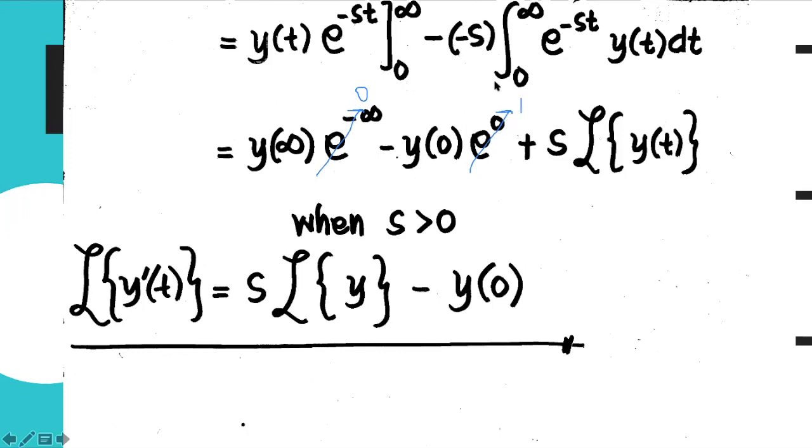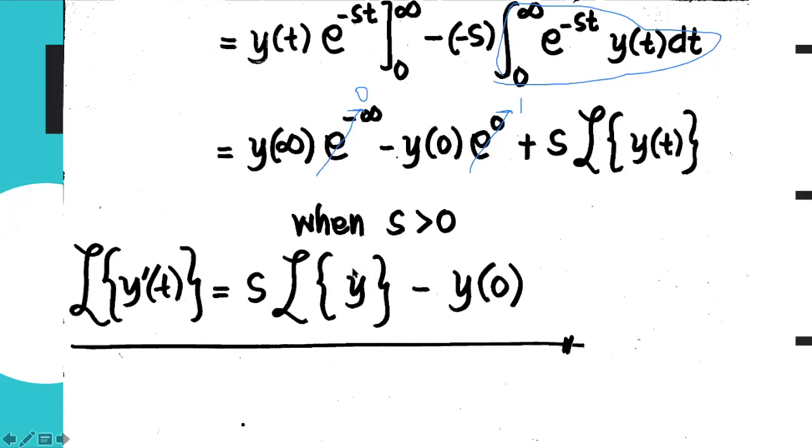And remember, this is the definition of Laplace. So you copy negative s times negative 1, so positive s, times this, which can be written as Laplace of y of t. So now we have the formula for the first derivative of y, with y as a function of t, equal to s times the Laplace of y minus y of 0.